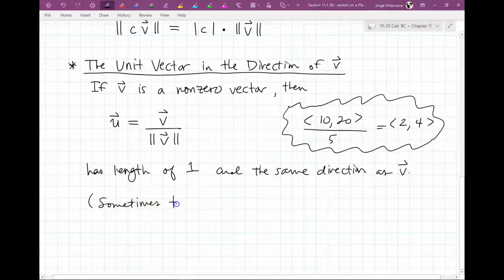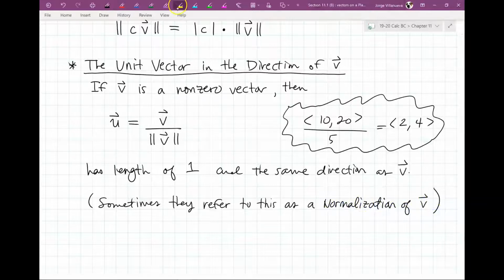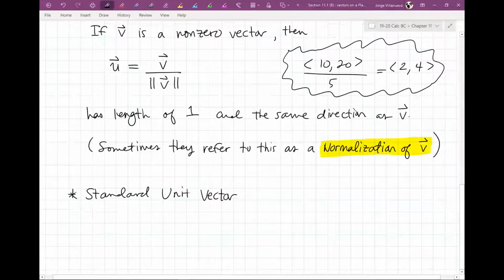Sometimes they refer to this as a normalization of V. All right, so standard unit vector.